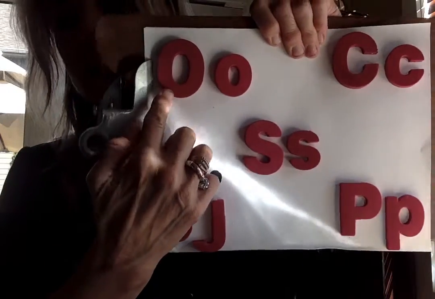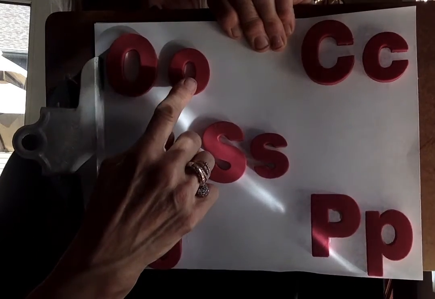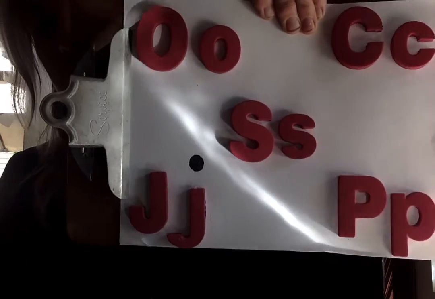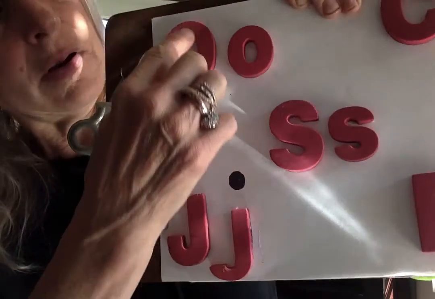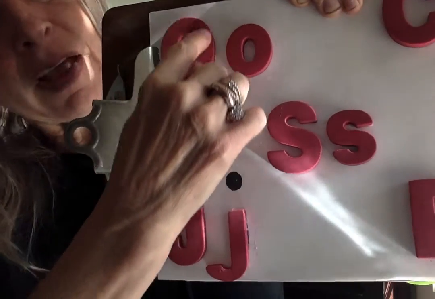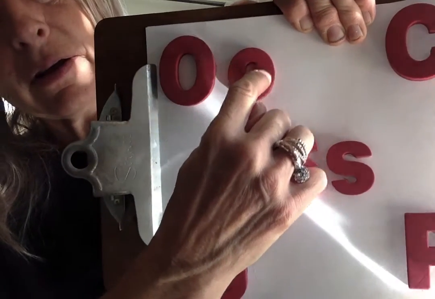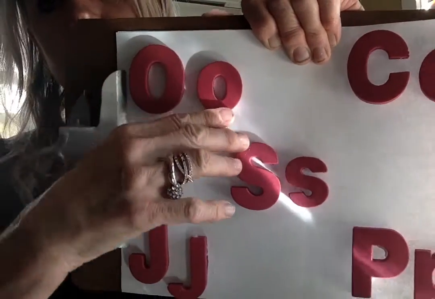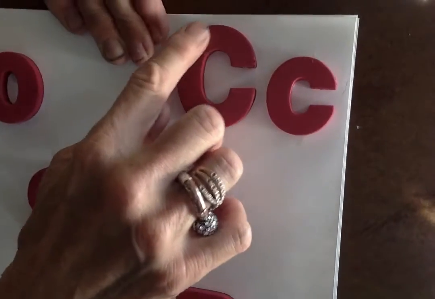So let's look at them again. I'm going to review. I'm going to point to each of these, and then you're going to find the lowercase when we're done. So let's go ahead and get our finger out. Trace over the O. Okay, uppercase O, capital O with me. Come over here. O, lowercase o. It's lowercase, it's smaller. What letter is this?